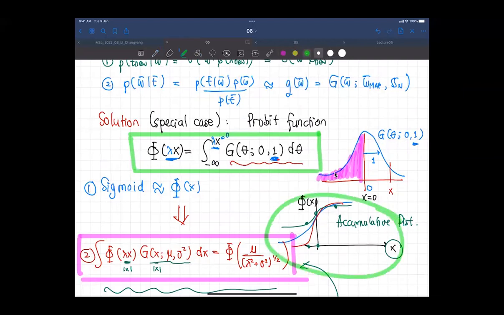X is a variable, but lambda is a fixed number. So standard deviation is also fixed. What it means is that by changing lambda, you change the shape of this graph here. Your sigmoid-like function will change because you change lambda.